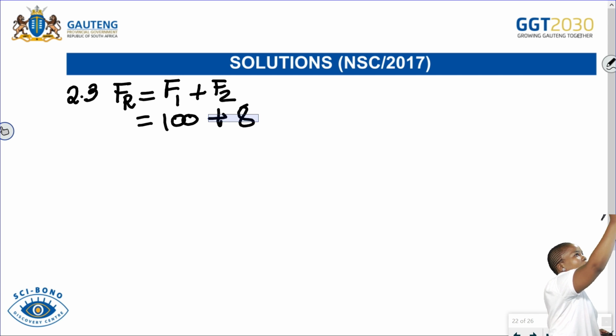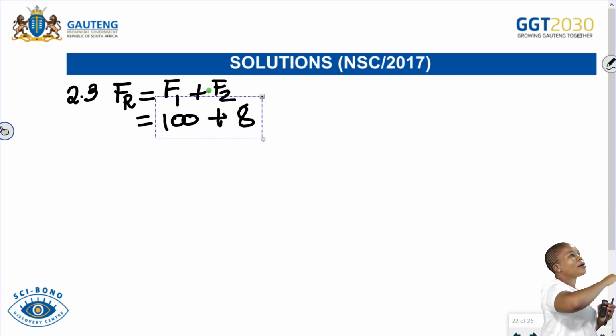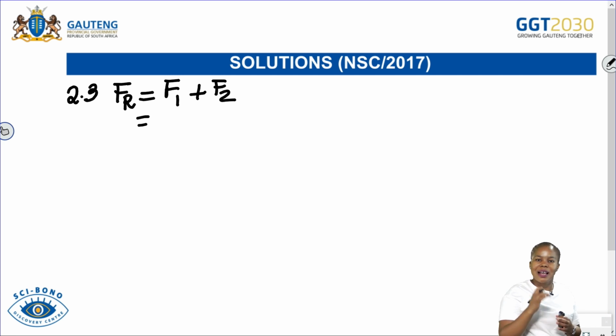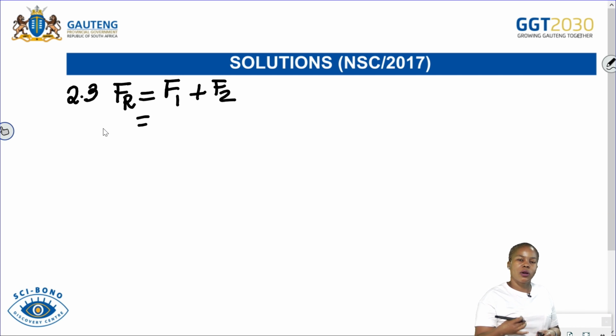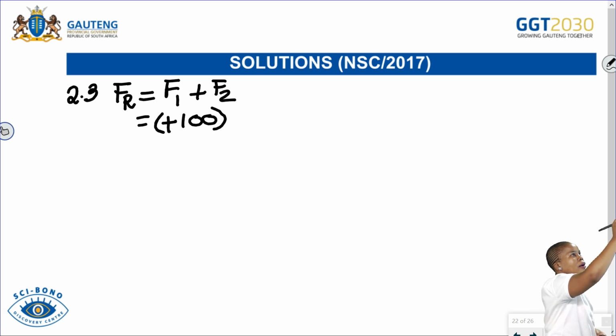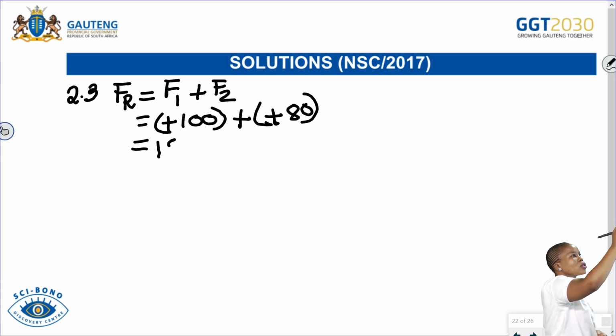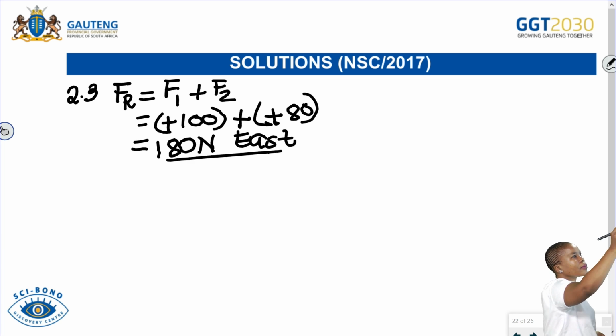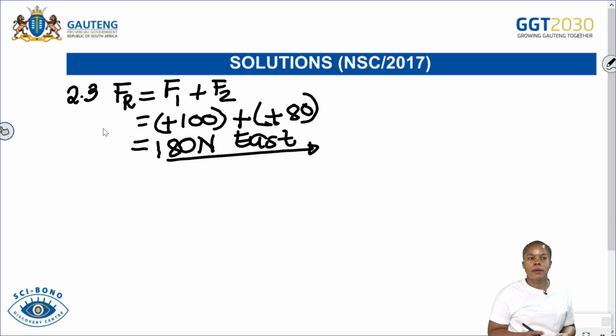I want to signal the fact that the signs are going to be the same because they're going in the same direction. So this is going to be positive 100 plus positive 80. Because there are no changes in the sign, this is going to give us 180 newtons to the east.